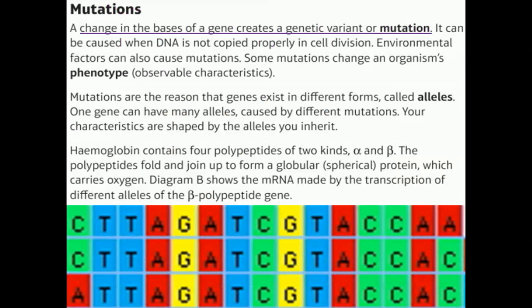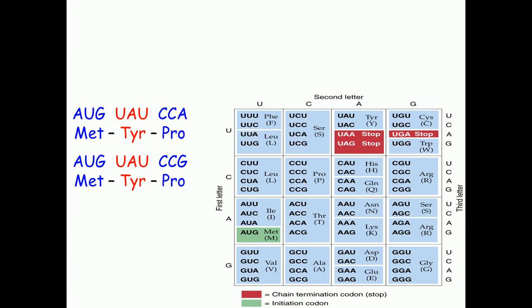If there was a change in the base, we know that that's called a mutation. If you look at the CCA codon, it codes for the amino acid Pro. If that adenine base changed to a guanine, it will also code for the amino acid Pro.